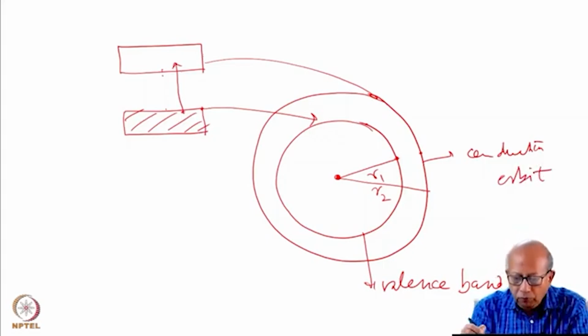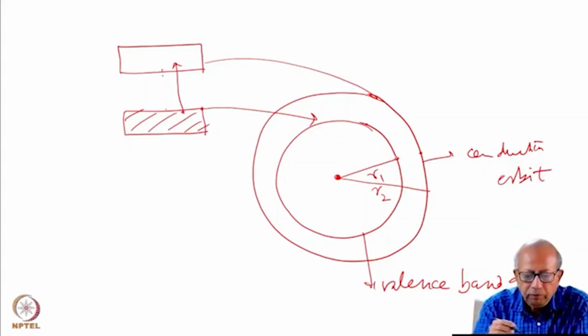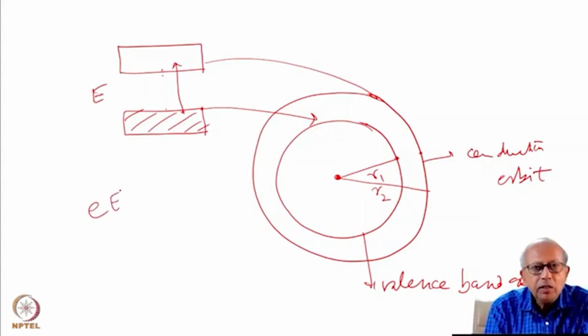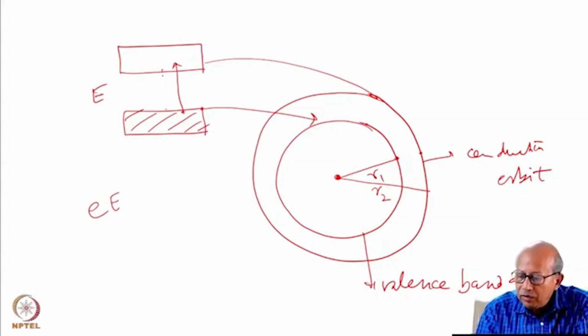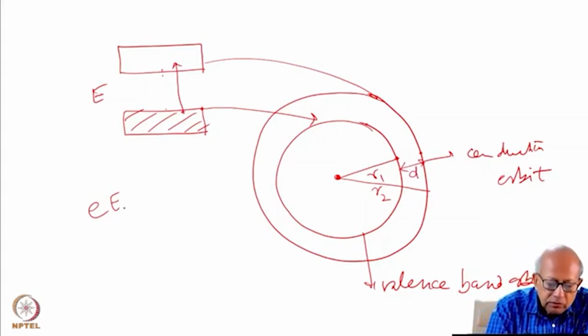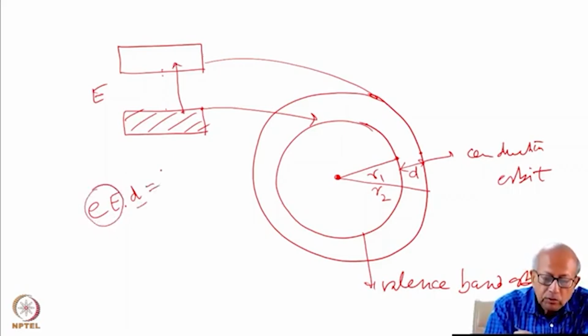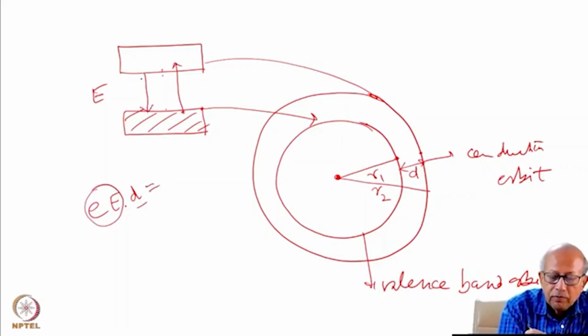So if we apply an electric field E, then the force the electron will experience is e times E. And if this distance is d, then this force must be able to do a work, which is e times E, the force, into this displacement, which must be equal to the band gap energy.